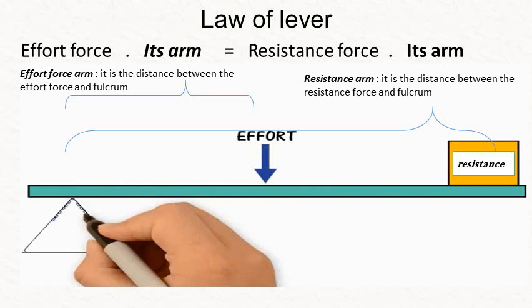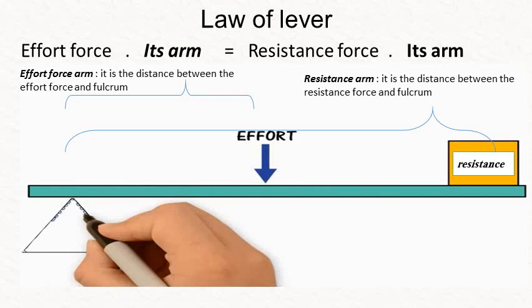the effort force arm is the distance between the effort force and the fulcrum. Resistance force is the resistance effect on the lever by its weight. Resistance arm is the distance between the resistance force and the fulcrum.